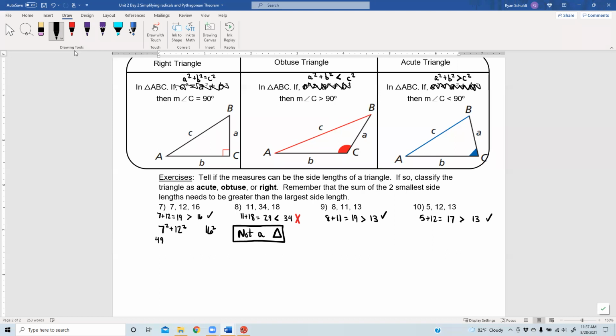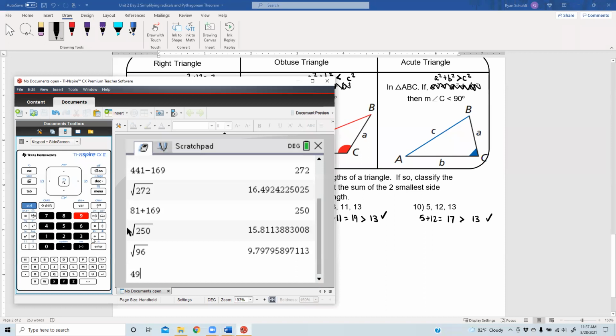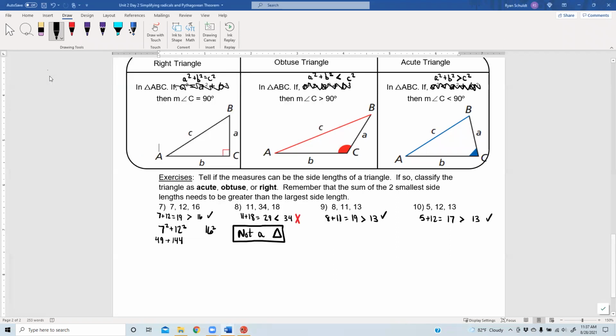It's going to be 49 plus 144, which gives us 193. Okay, 16 squared is 256. Which one's bigger? 256 is bigger. So a squared plus b squared is less than c squared. This is going to be obtuse.